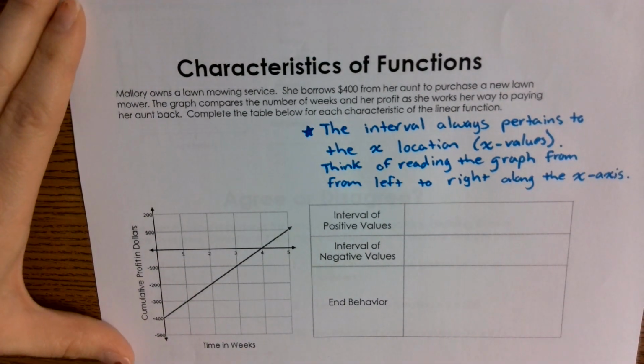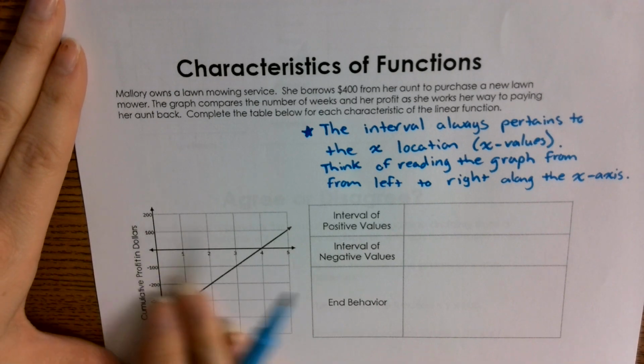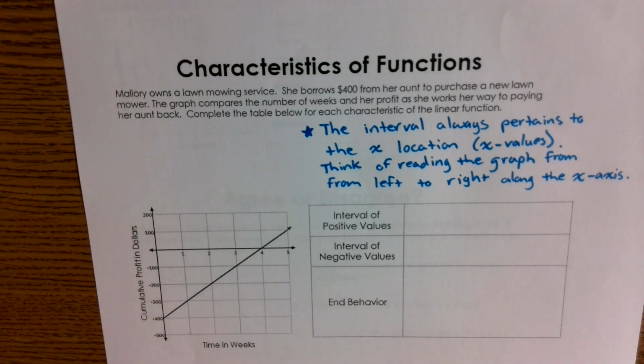Okay, it's always going to be based off of the x-axis. So if we're starting on our x-axis and we're reading it from left to right, we want to identify at what point our values are going to be positive and at what point our values are going to be negative.